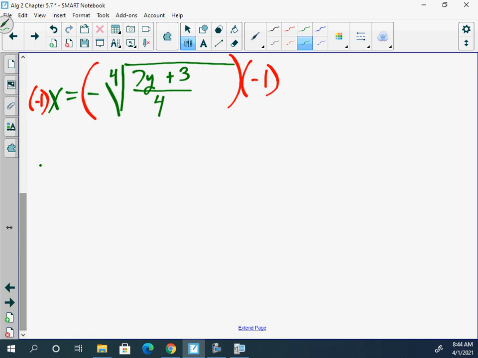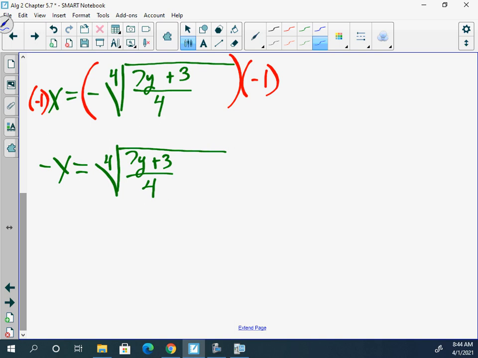Negative x is equal to the fourth root of 7y plus 3 over 4. Now, since it's an even root, it's going to be a moot point. But if it was an odd root, it would be necessary.